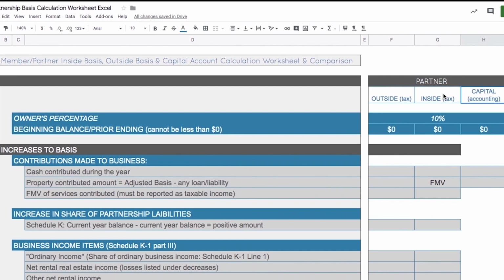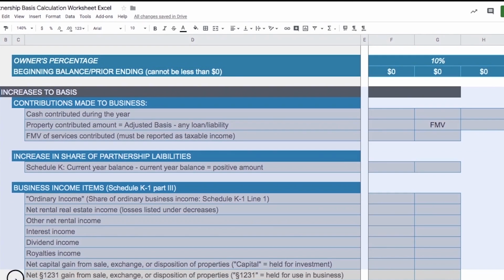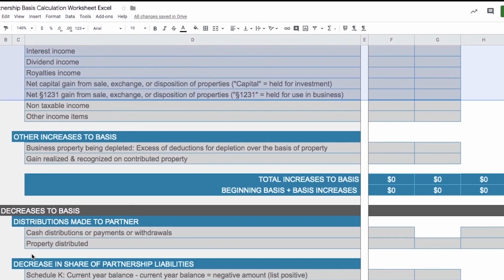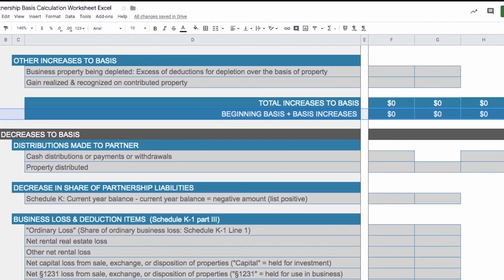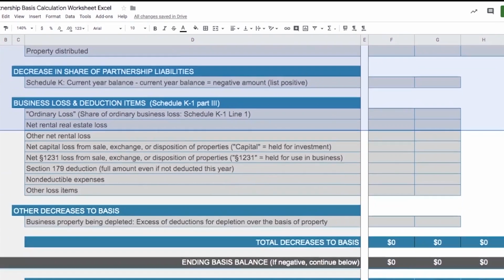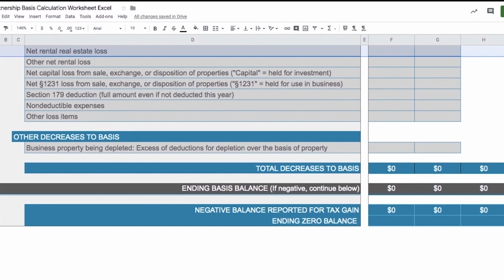The concept of inside and outside basis is similar. It starts with the beginning balance, adds this section of increases, which gives us beginning balance plus increases, then minus decreases, and that gives an ending balance. Basis is calculated each period, usually a year.